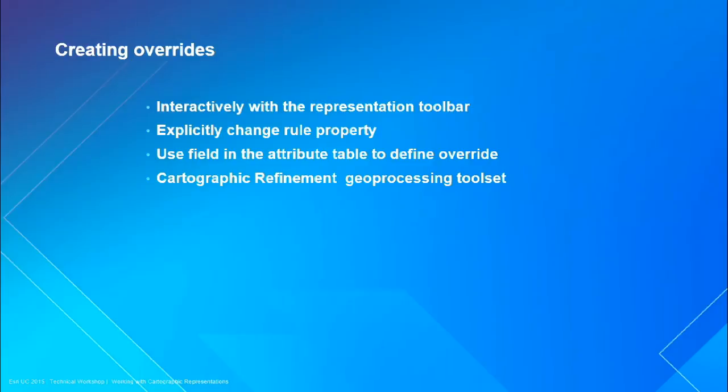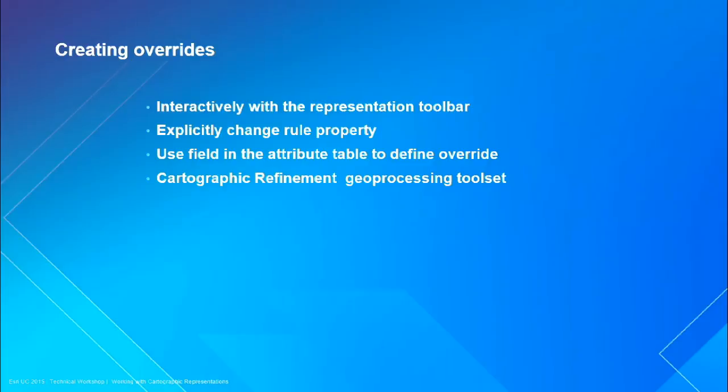We can make an override by explicitly changing a rule property as it exists on one feature. So Chait just built the rule of the forest, and he used an X step of 6 on everything. Well, you may select one small feature and say, for this one, I really want an X step of 4. And you would just type 4. And that is also an override.